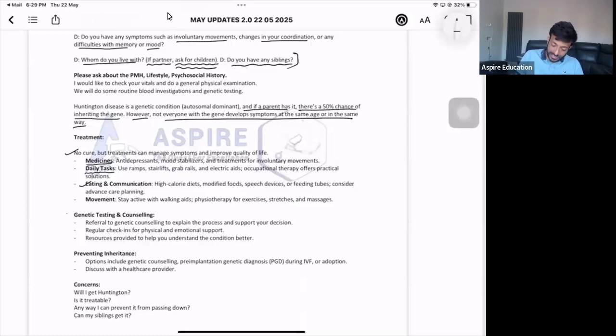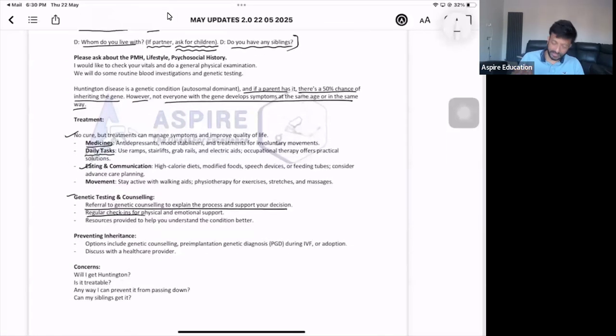Now the genetic support, because this patient is planning to have kids and her mom has got Huntington's. So what we can do is refer to genetic counseling to explain the process and support your decision. Regular check-ins for physical and emotional support can be done. That should be okay, right? Options include genetic counseling, pre-implantation genetic diagnosis, adoption, all those things can be discussed.